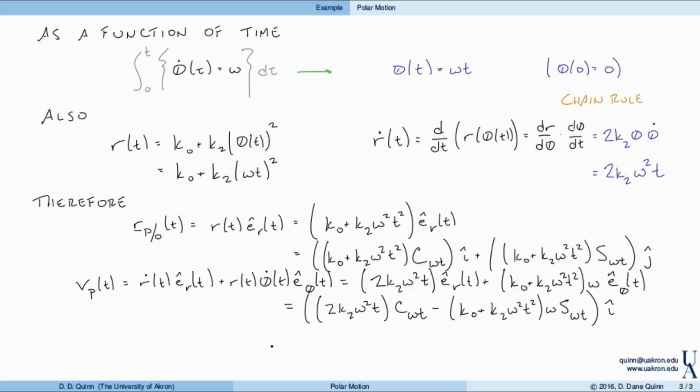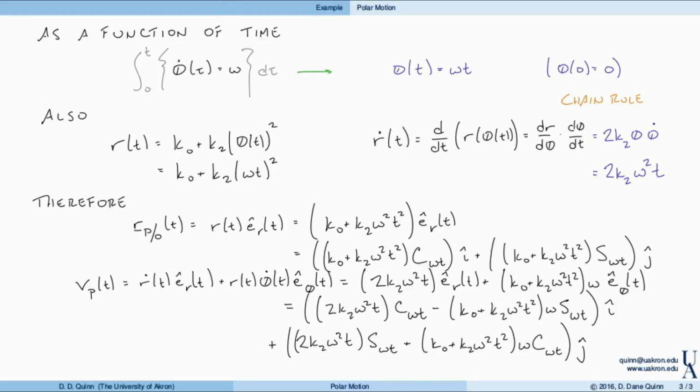And that again is the component in the I direction. And then in the j direction, we have 2k2 omega squared t times sine omega t. So now we're taking ER in the j direction, and we'll take e theta in the j direction. k naught plus k2 omega squared t squared times omega cosine omega t in the j direction.